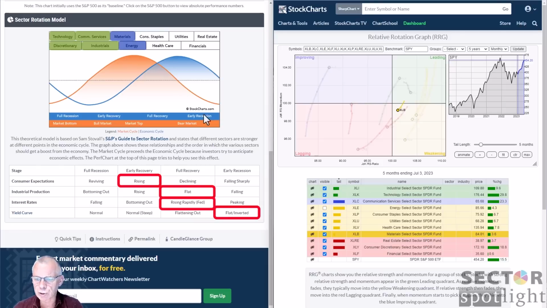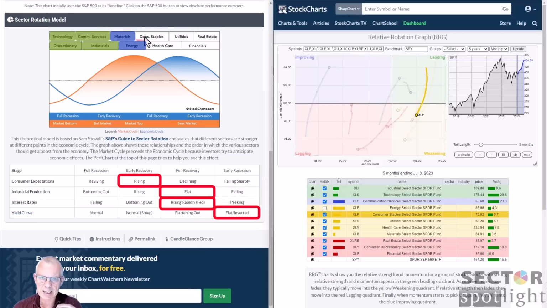And then we go to consumer staples, XLP, and you can see how that is moving rapidly from leading into weakening and starting to move lower, pointing to the southwest towards the lagging quadrant. And if we rate communication services and consumer discretionary as positive, we've got to be consistent here and rate staples as being negative.